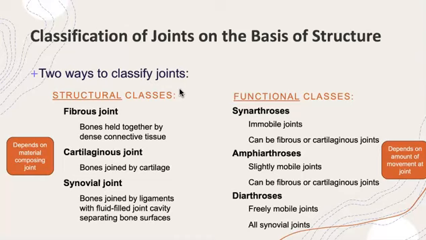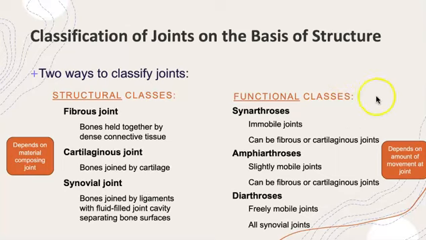We classify it as a fibrous joint, meaning that it's held together with dense connective tissue. Cartilaginous joints mean that the bones are joined by some type of cartilage, and a synovial joint means that the bones are joined together by ligaments and a fluid-filled joint cavity that separates the bone surfaces.